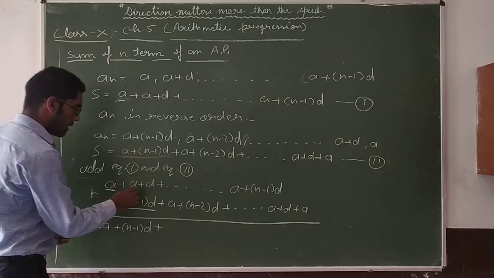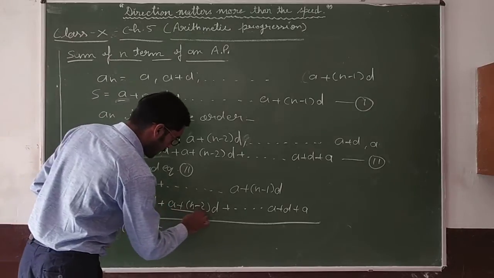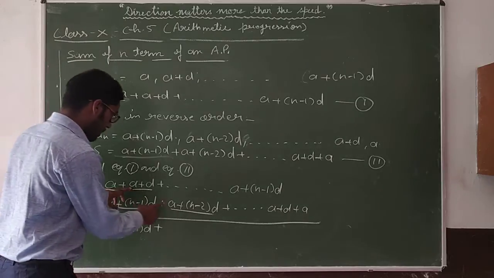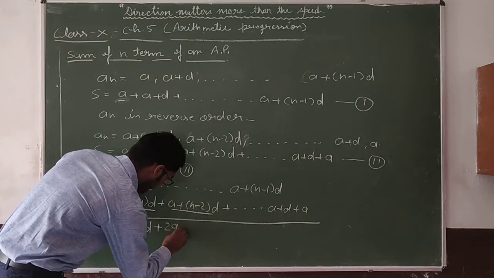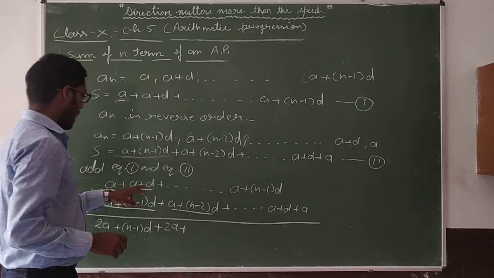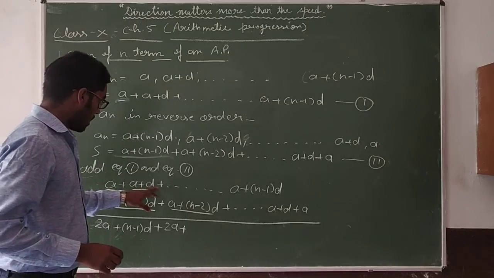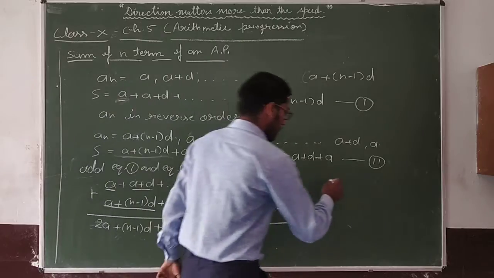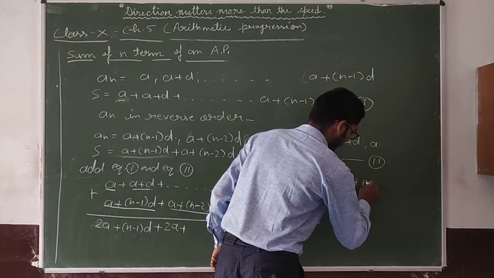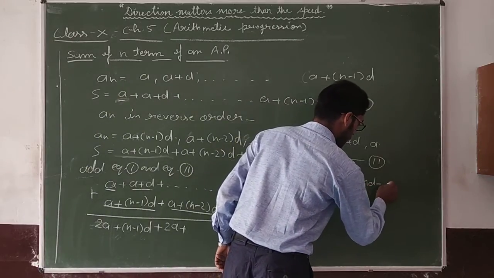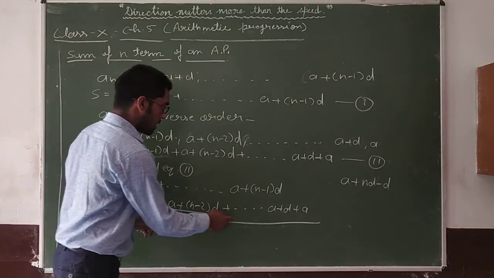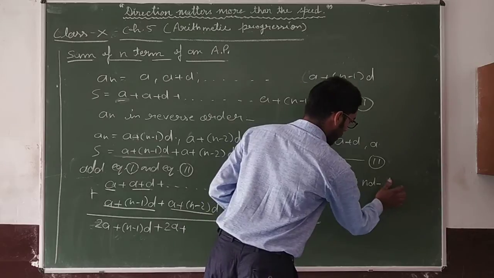Now when you add the second terms, (a + d) plus (a + (n - 2)d), you get 2a plus d plus (n - 2)d.